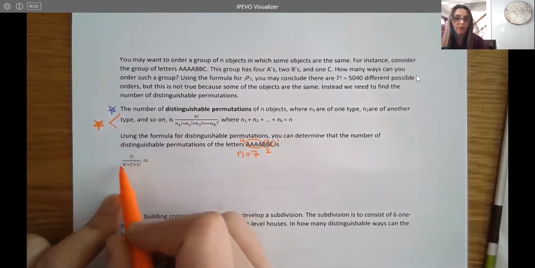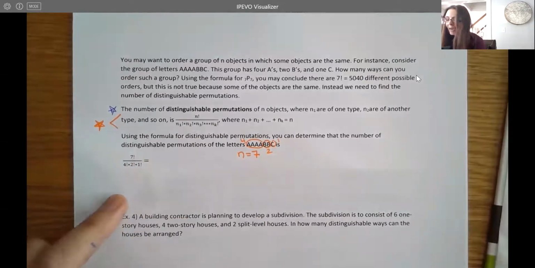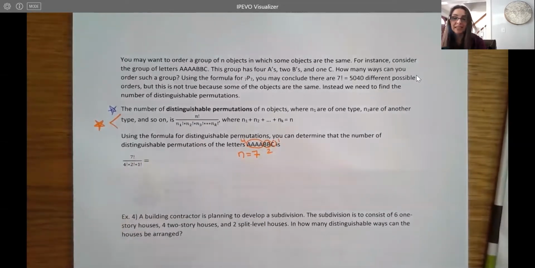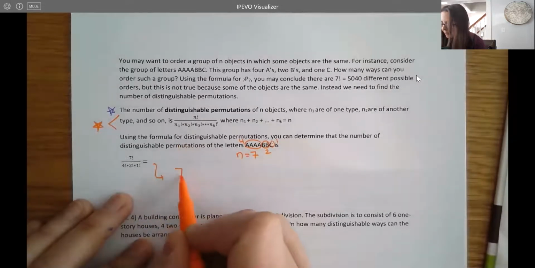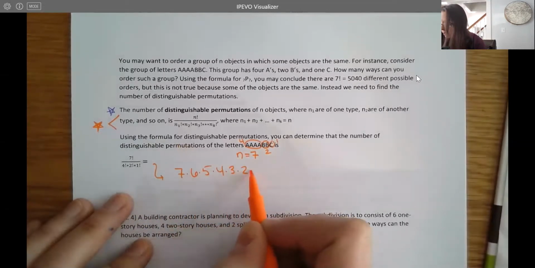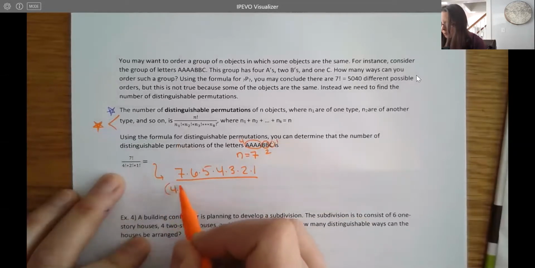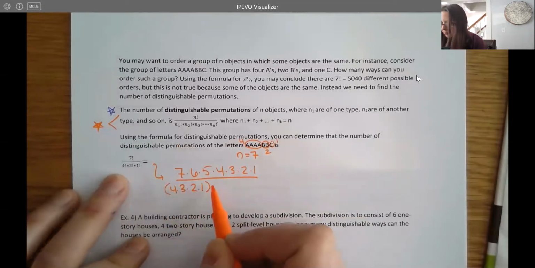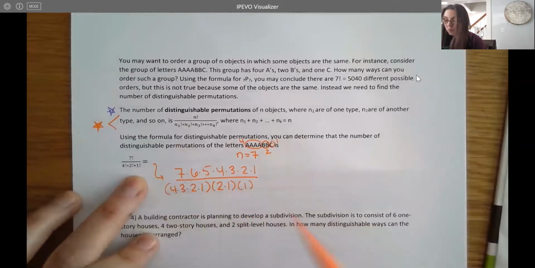You're going to divide by 4 factorial, 2 factorial, and 1 factorial to actually get the true number of distinct permutations instead. So your 7 factorial is 7 times 6 times 5, 4, 3, 2, 1. Now 4 factorial is 4 times 3 times 2 times 1. 2 factorial is 2 times 1, and 1 factorial is just 1.